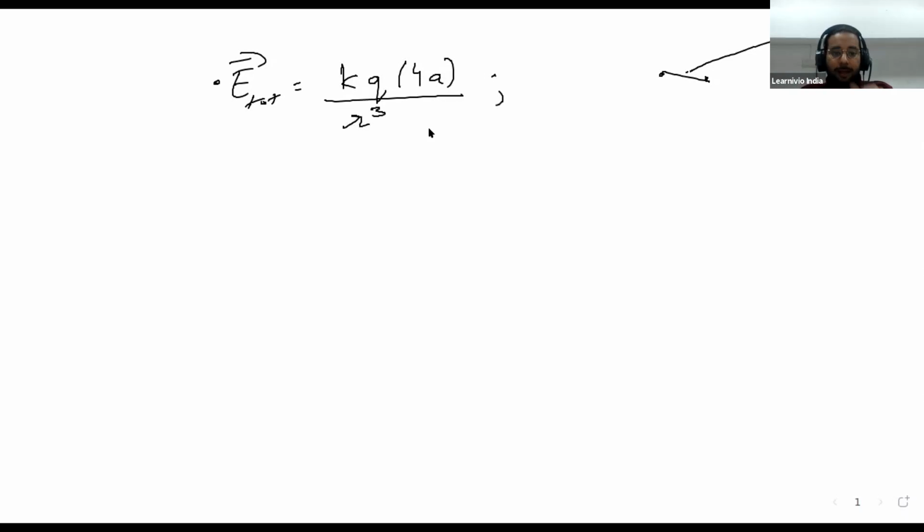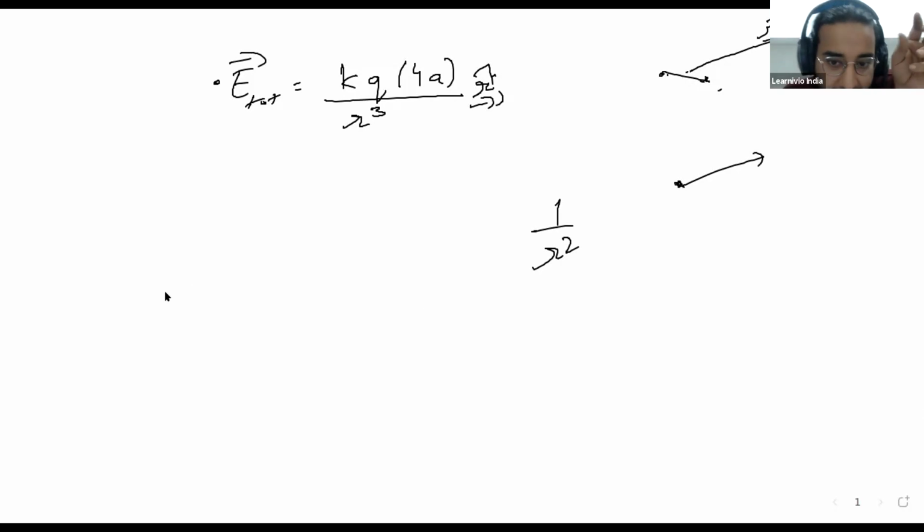Now this is a very different behavior from the behavior of a monocharge, of just a charge, because a single charge at large distances we already know behaves as 1 by r square, and this is a pattern that we'll see if you increase the complexity.